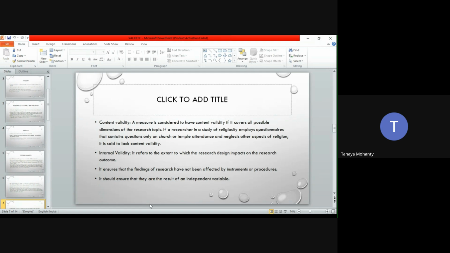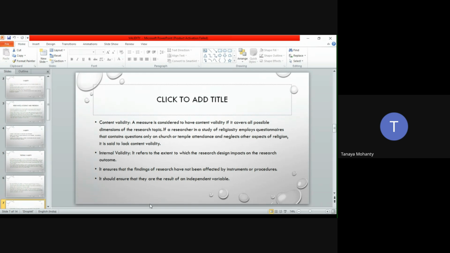And that's the reason why we take so much care in constructing a very good research design, in looking into every aspect of it. When you are constructing an instrument, you have to take every precaution so that your study doesn't lose out on internal validity.